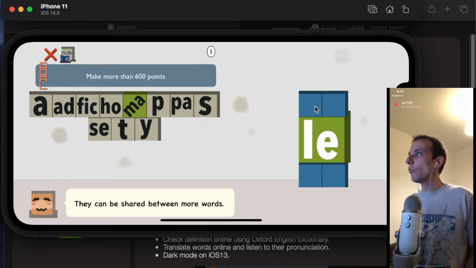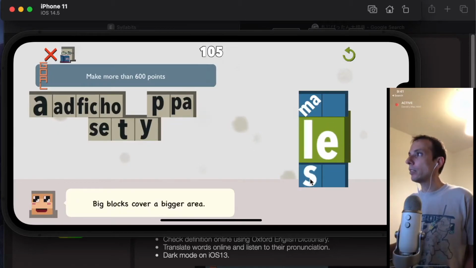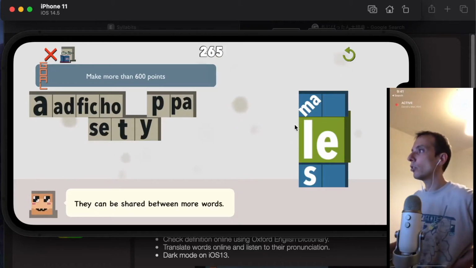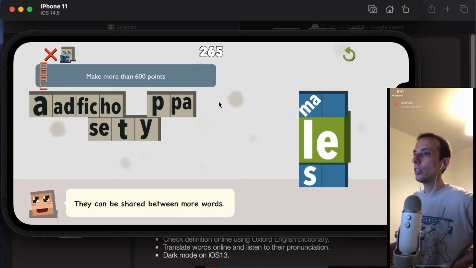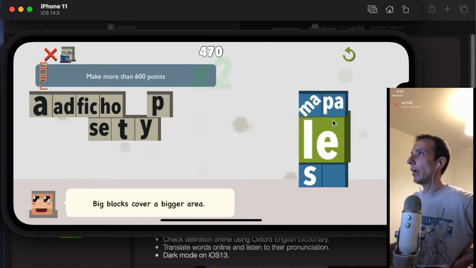If I put, for instance, ma here, I can make male. And then if I put s, I can make males. So that's three blocks for one word. So it's more points. And then you can put, for instance, pails.